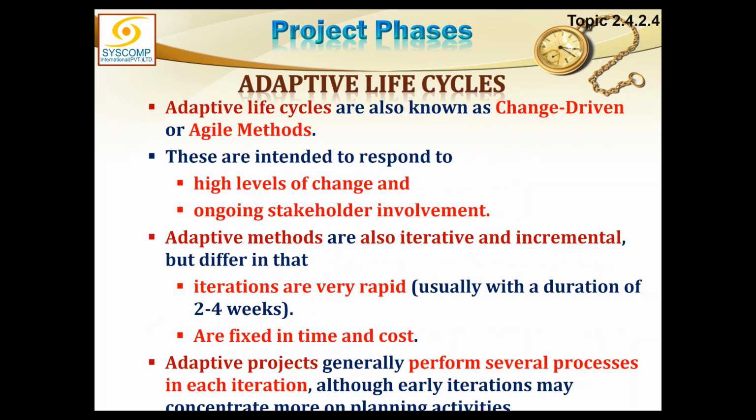Now talking about the adaptive life cycle, which I said is although the same iterative life cycle, but this is specific to the agile methods. These are highly change driven methods, and they apply currently mostly to IT projects.